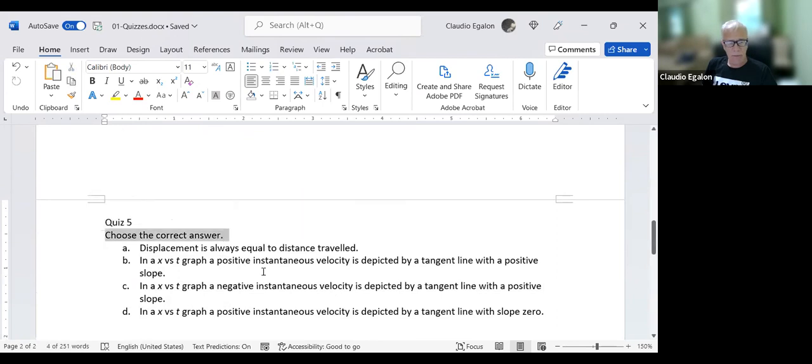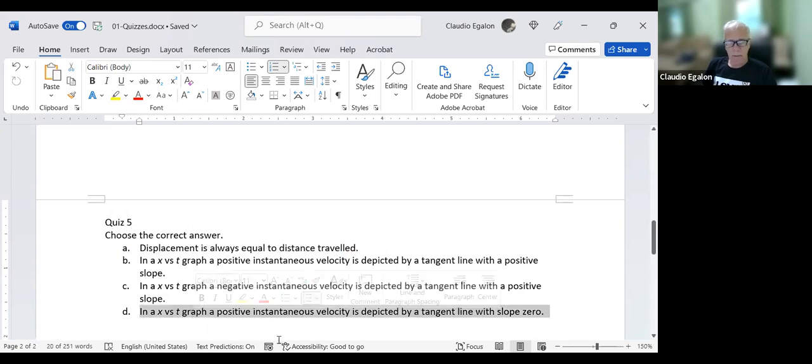Displacement is always equal to distance traveled in a x versus t graph. A positive instantaneous velocity is depicted by a tangent line with a positive slope. And then you have these other options: in a x versus t graph, a negative instantaneous velocity depicted by a tangent line with a positive slope, right? See, negative, positive, negative, right?